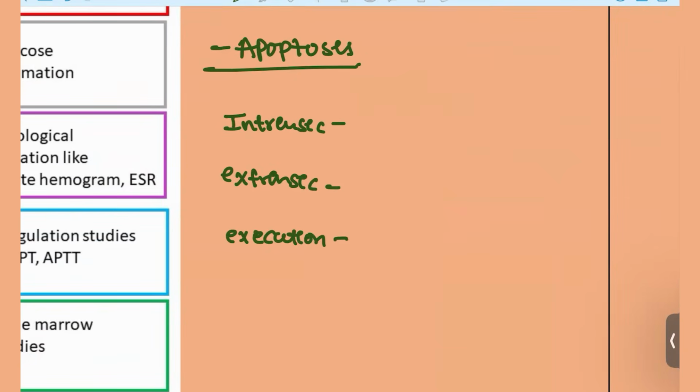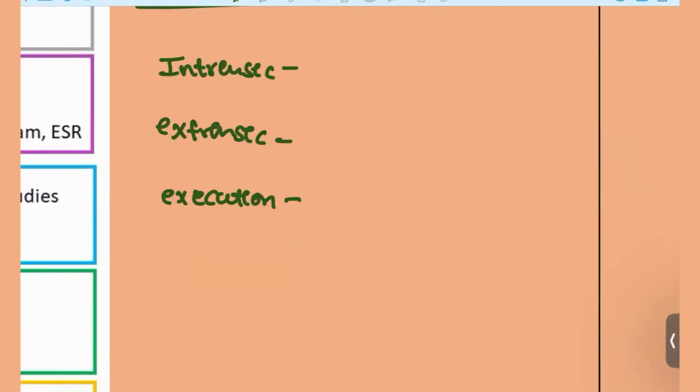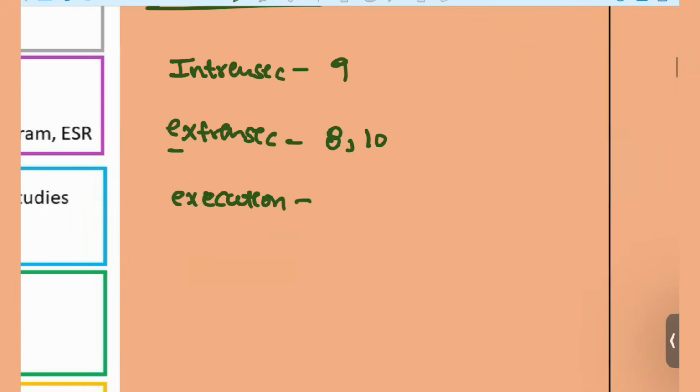You don't have to know the entire pathway now, but what are the important things included? For the intrinsic pathway, the involved caspase is caspase 9. For the extrinsic, E for extrinsic and E for 8, and also caspase 10. Next, the execution caspases are 3, 6, and 7. These are the most important parts.